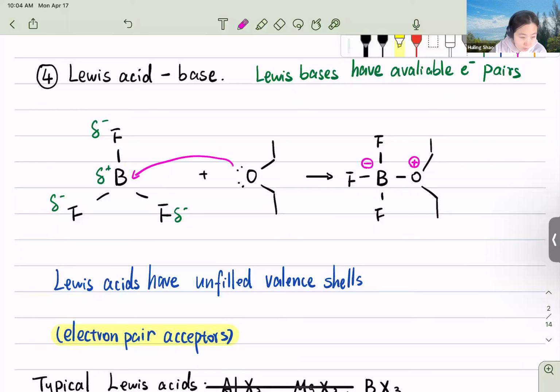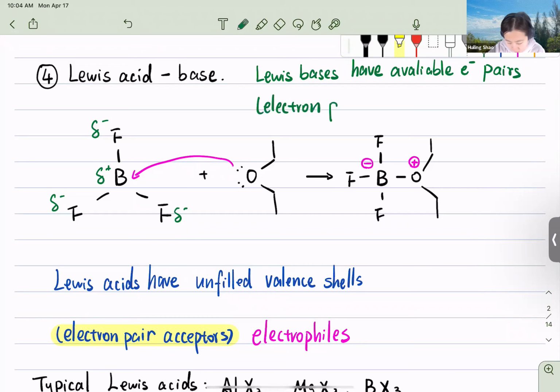Or we can call them electrophiles. Alternatively, we also have Lewis base, which is a new definition here. Lewis bases have available electron pairs, or the definition of the Lewis base is electron pair donors.